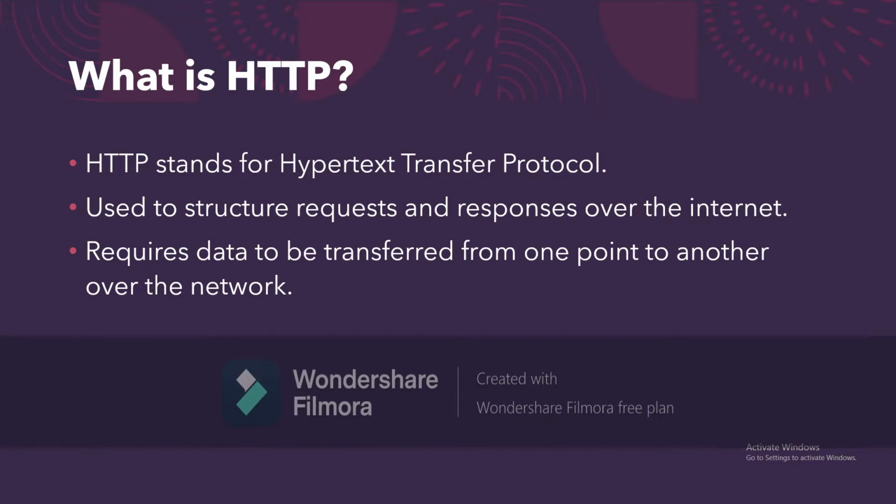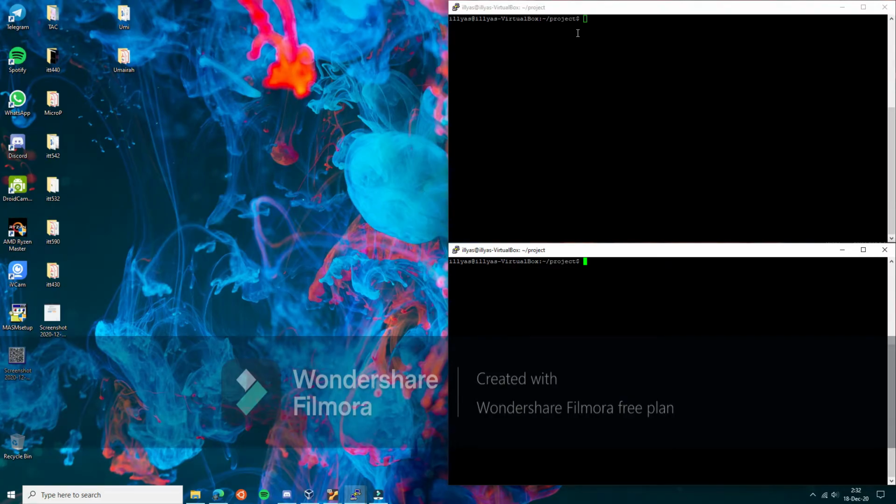I will explain further information in the coding after this. Okay, let's continue to our simulation demonstration part. This one is for the client and this one is for the server. To implement HTTP, we need to implement the transport layer, which is TCP.